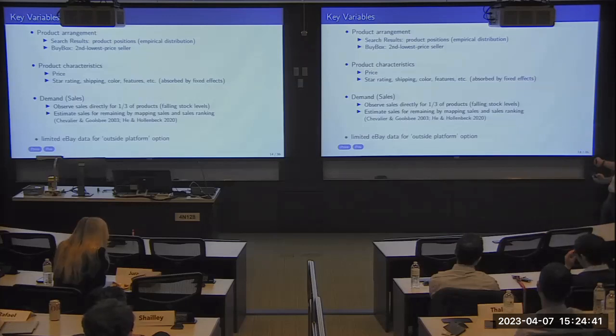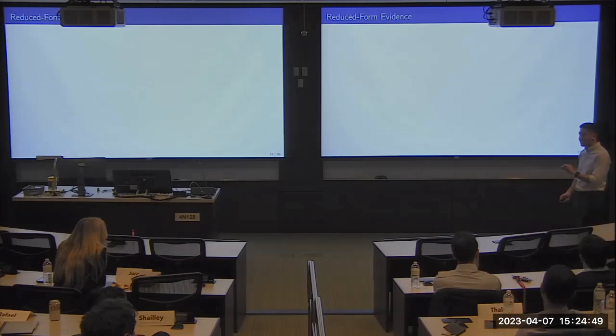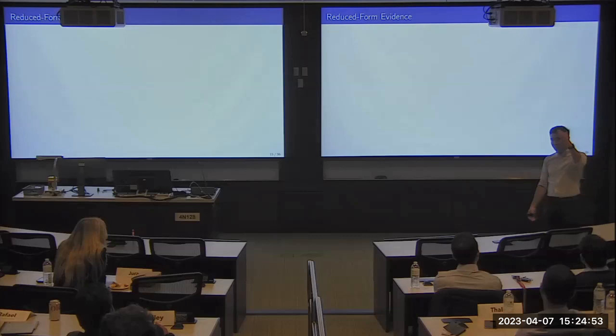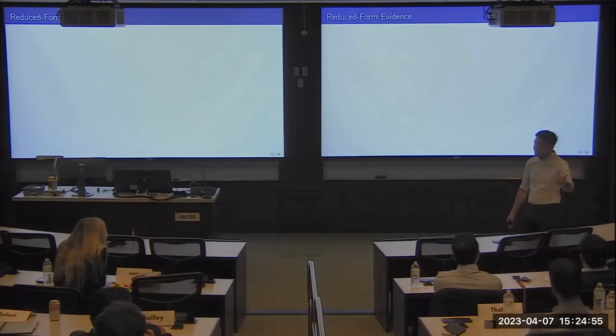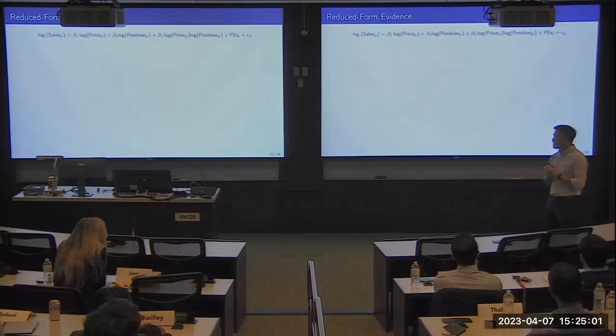Okay, so let me move quickly. So this is the data. Let's just sense check this stuff by doing some reduced form analysis. I've been talking about product positions affecting sales. Let's see if that bears out in a simple log-log regression. Sales on the left-hand side, price and position on the right-hand side, with product fixed effects.